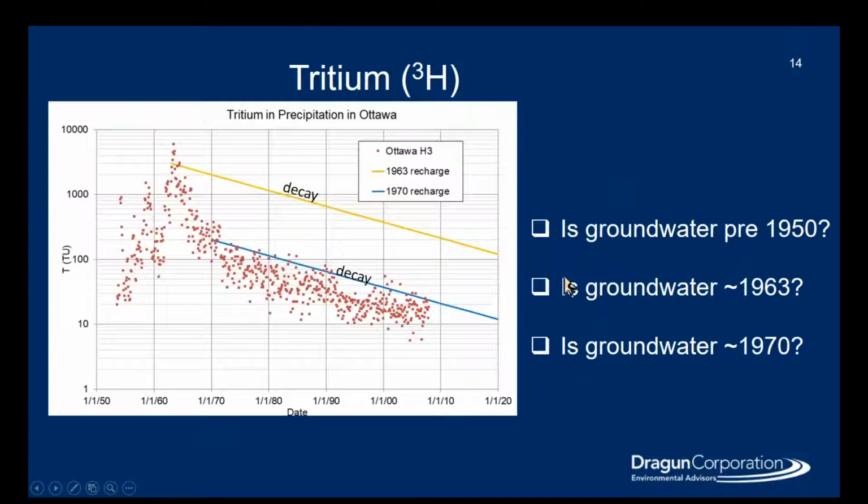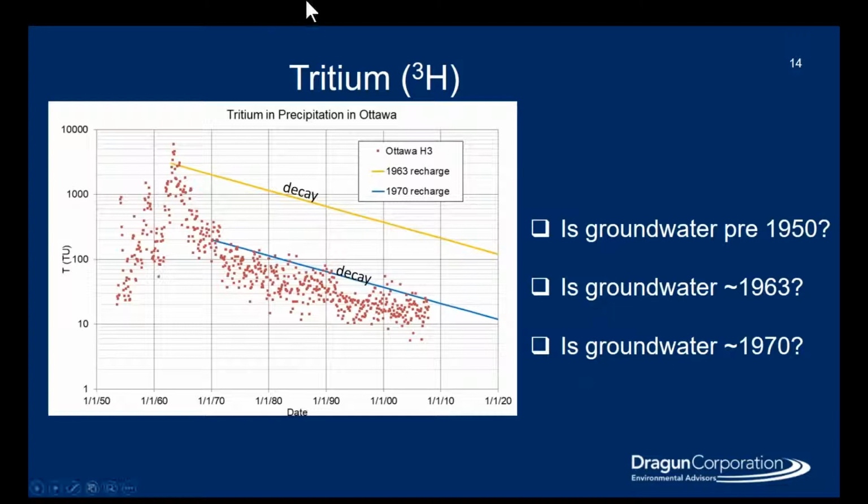So we can tell if water is pre-1950. If there was natural tritium in the groundwater and it was protected from more recent precipitation, you would now have virtually non-detect tritium.